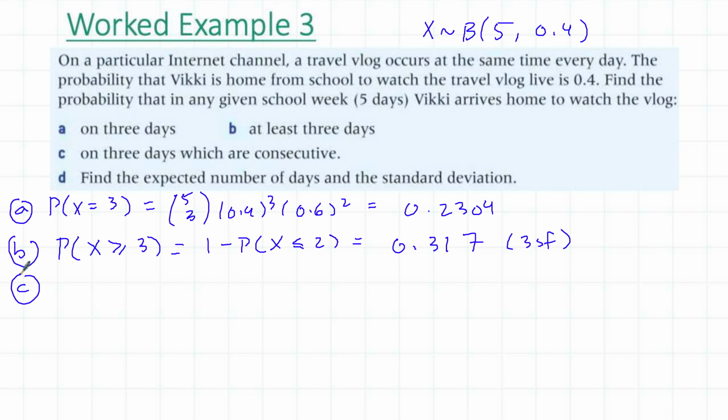Now on C, there are different ways to think about C. I'd rather think of it as more of a combinatorics method. If the 3 days have to be consecutive, so 1, 2, 3, 4, 5, if they have to be consecutive, first of all, we know that's going to be 0.4 to the power of 3, and then we have the 0.6 to the power of 2.